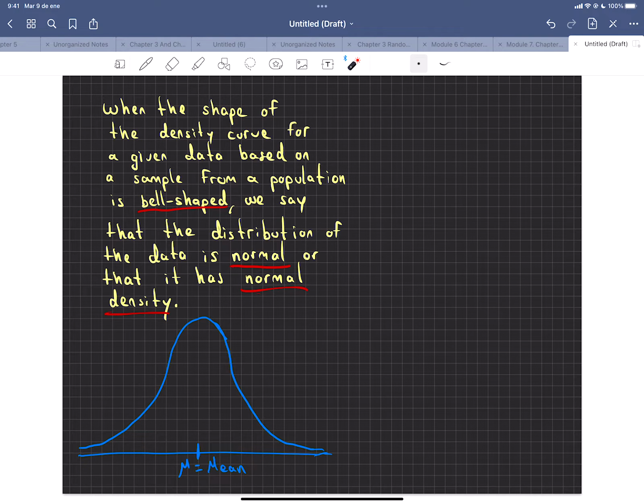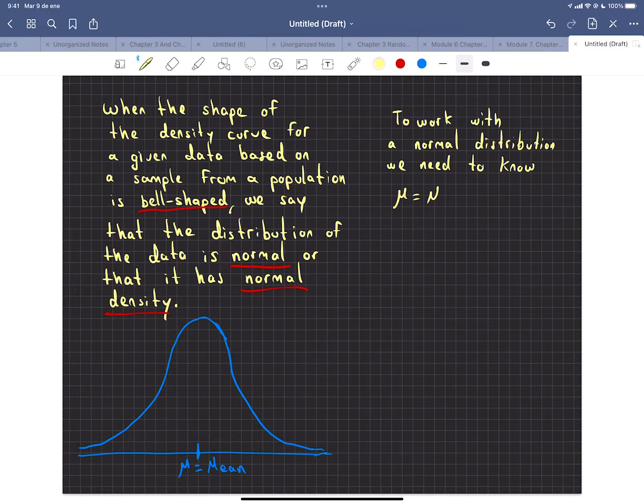So always when we have a normal density, we need two parameters to work with a normal distribution. We need to know the mean and the standard deviation.